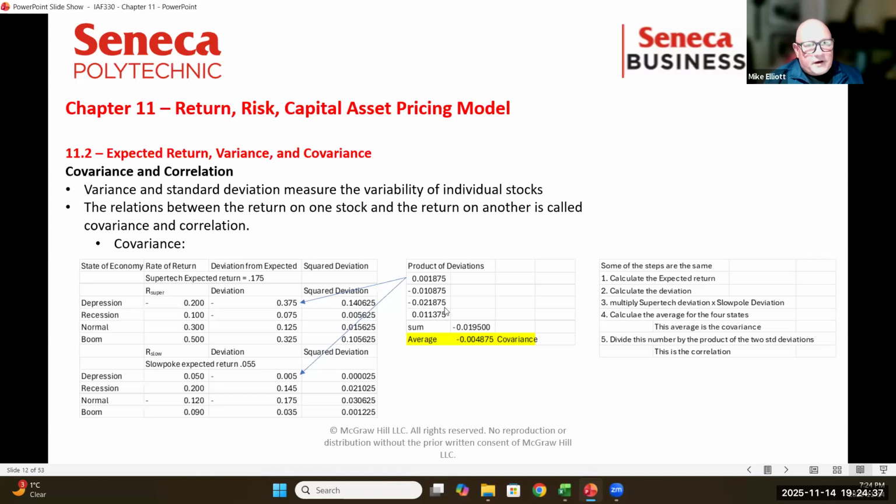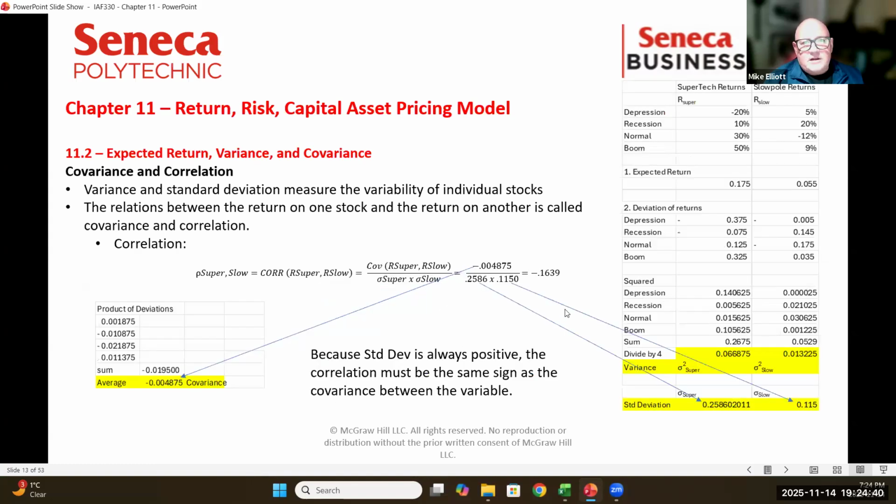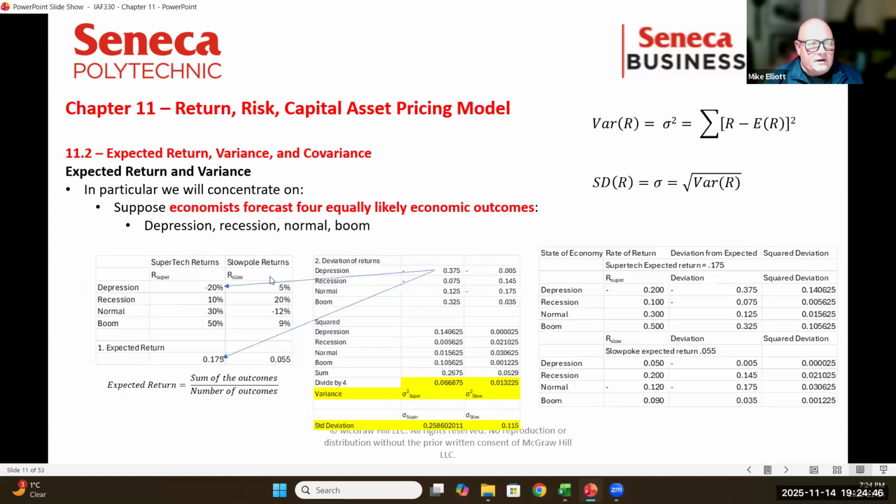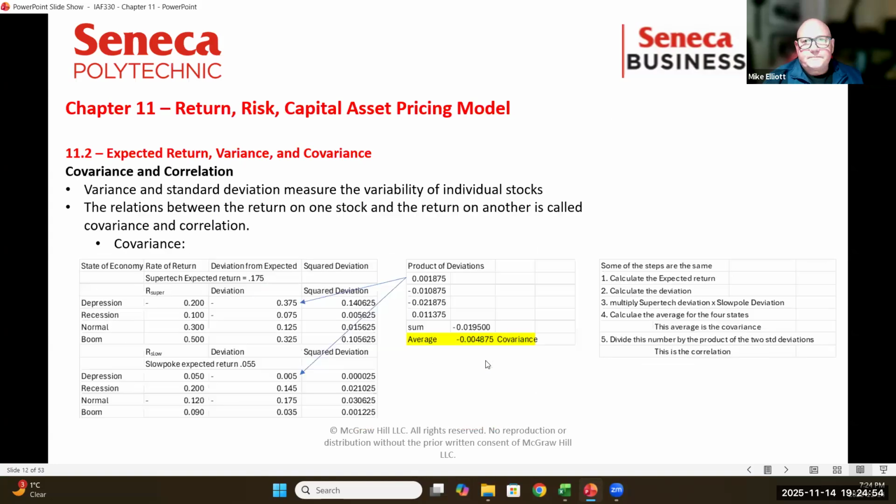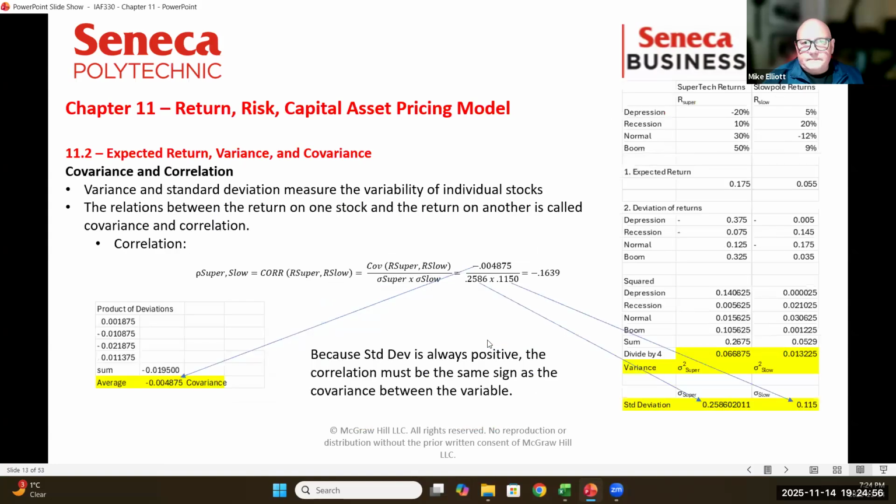And then once we have covariance, we take the covariance and divide it by the product of the two standard deviations. So in our case, we had a standard deviation of 0.2586 for Super and 0.115 for Slow, and we have our negative covariance.